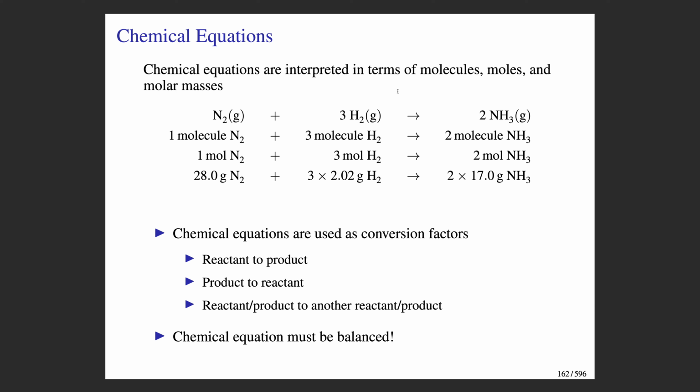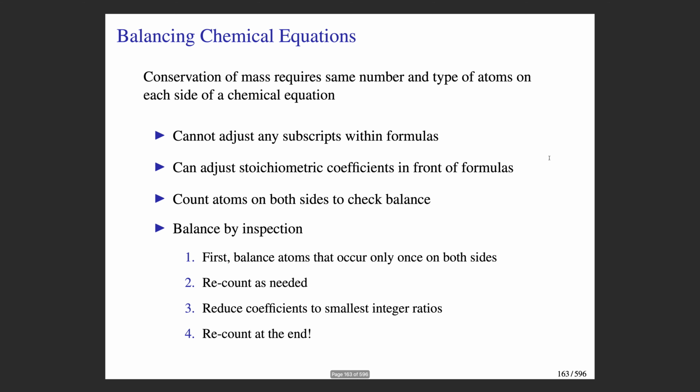Okay, so there's a balance between the number of nitrogens on the reactant side and the number of nitrogens on the product side. Likewise, on the reactant side, you have 6 hydrogen atoms, and you're going to have 2 times 3 equals 6 atoms of hydrogen on the product side. So this is a balanced chemical equation with respect to both the number and type of atoms on each side of the reaction.